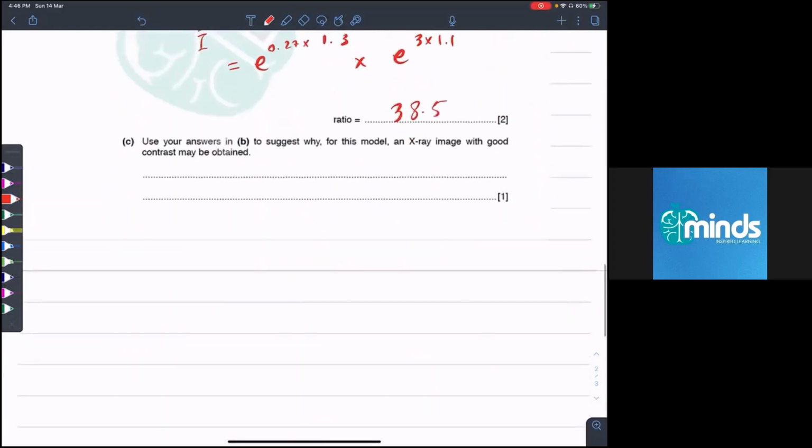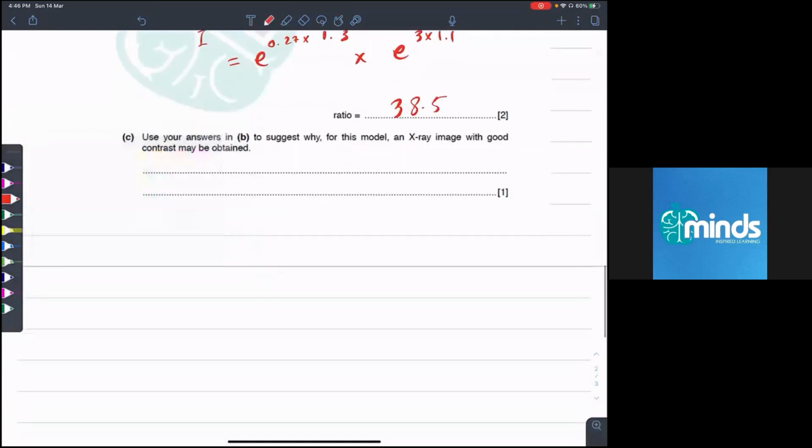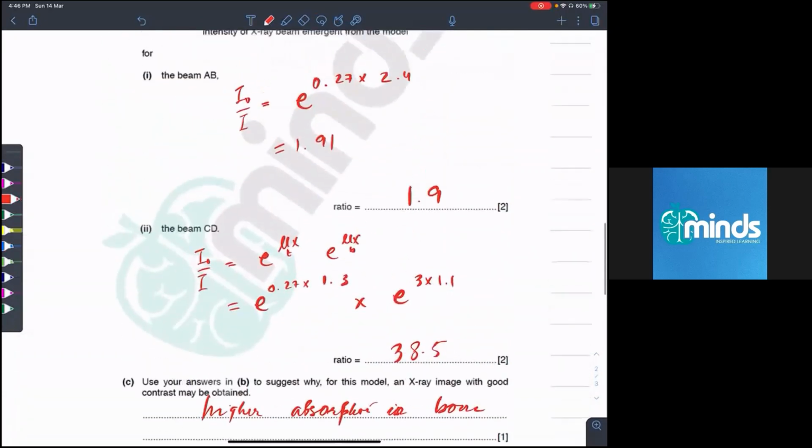So it means that you can say higher absorption in bone. Higher absorption in bone. It is just a 1 mark question, so a single line will work.